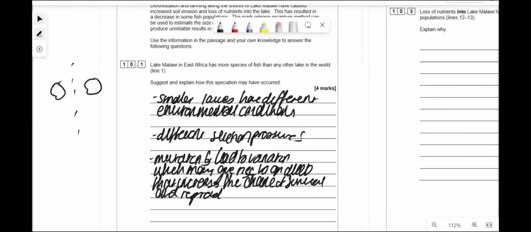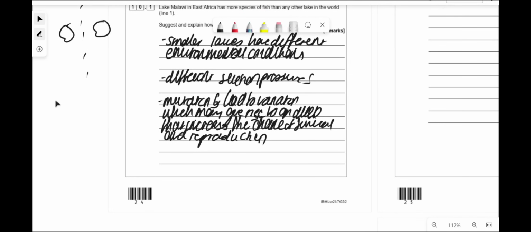Okay, so with these kinds of questions where it's natural selection, you're talking about the fact that mutations give rise to an allele that may give you an increased chance of surviving and reproducing. So this passes on the allele, leading to an increased allele frequency over time, because the ones that don't have the allele are less likely to survive and reproduce. So you've got more of this one allele here.